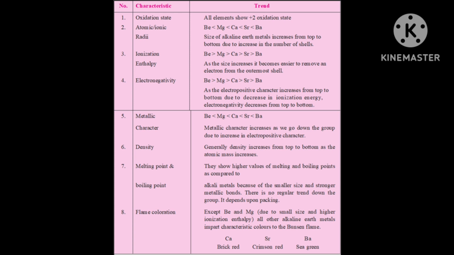That is M2+ to M, meaning the metal ion is converting to metal. First I am telling for beryllium. The reduction value starts from minus. The sign shows the reactivity.